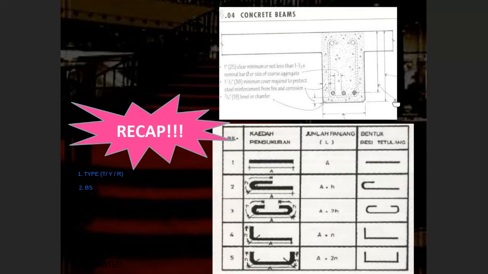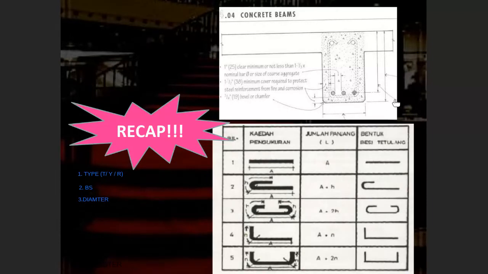Number three, you have to identify the diameter. Number four, you have to identify the shape, whether this one is straight and bend bar, or maybe stirrup, or maybe link, and so on. Normally for the staircase, we only have straight and bend bar. But remember, if you have the landing beam, it means you have the stirrup.